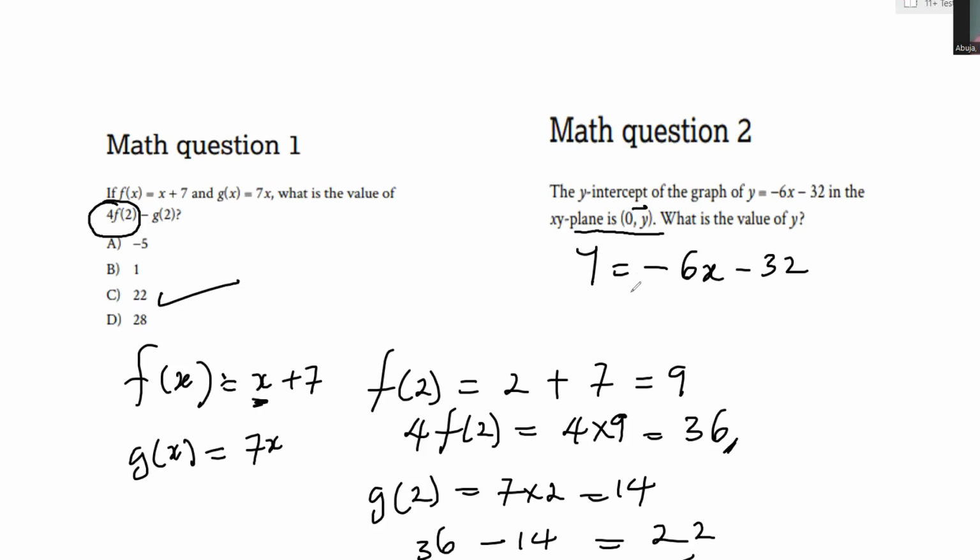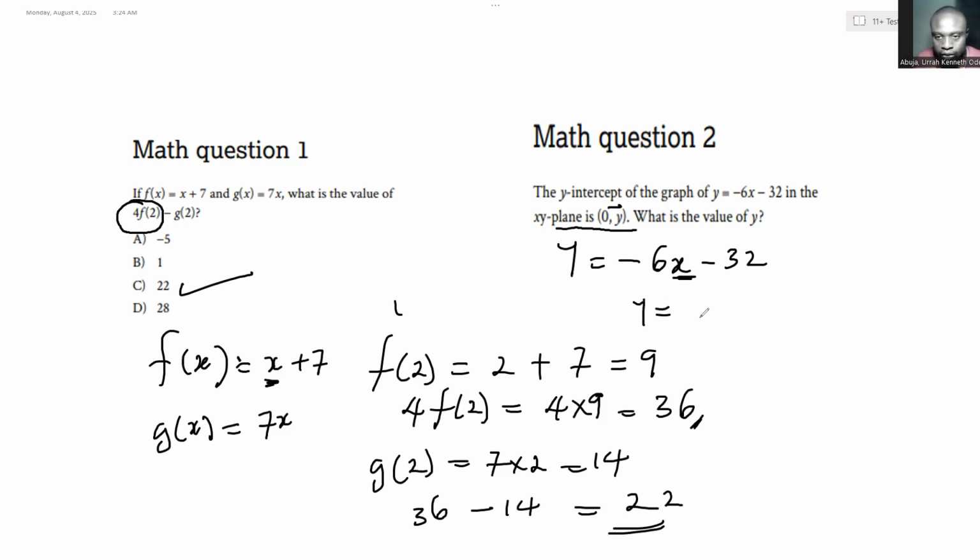So if x is equal to 0 here, you replace this with 0. That means y is equal to minus 6 open bracket 0 minus 32. And 6 times 0 is 0. So y is equal to minus 32. So to question number 2, the answer is minus 32.